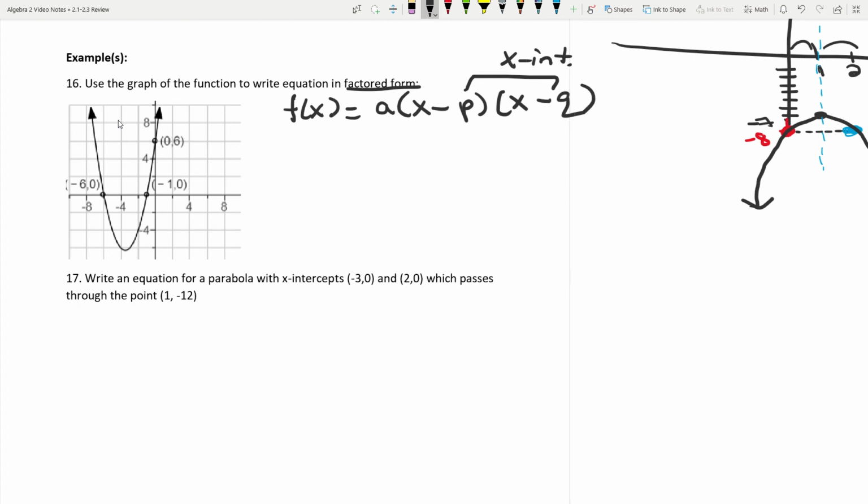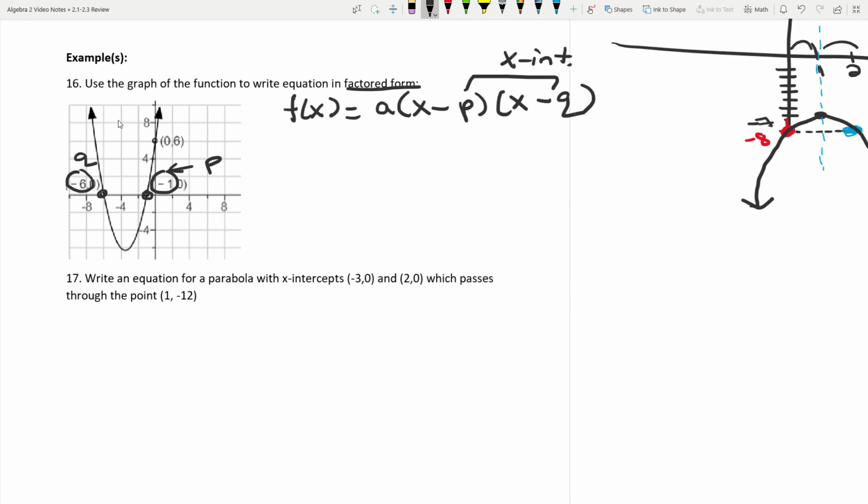Well, we do know our x-intercepts, right? Here our x-intercept is negative 1. See that? Negative 1 right there. And we got our x-intercept here at negative 6. So we have our p and our q. The negative 1 is our p, and in this case, the negative 6 is our q.